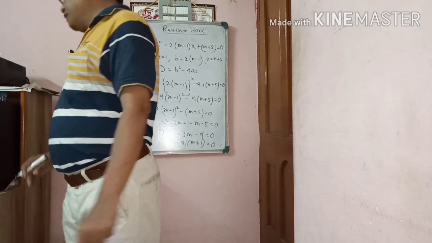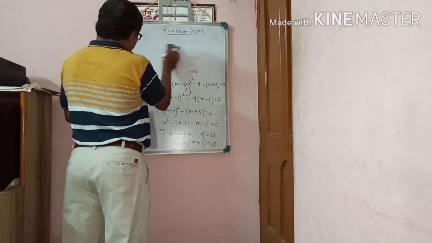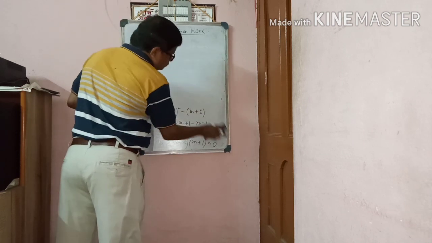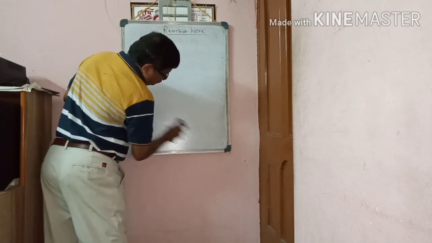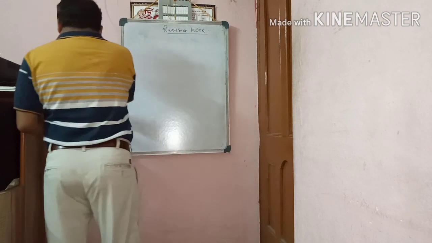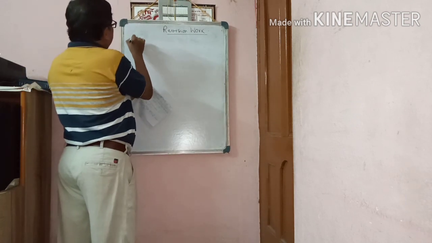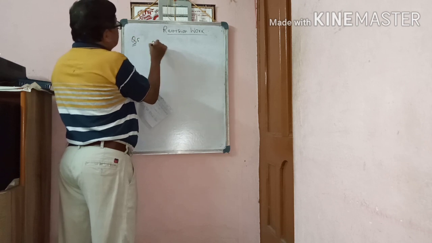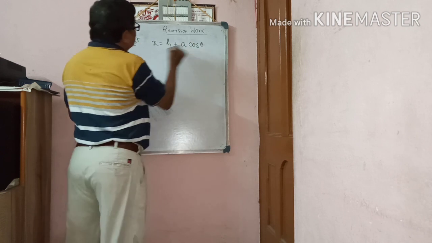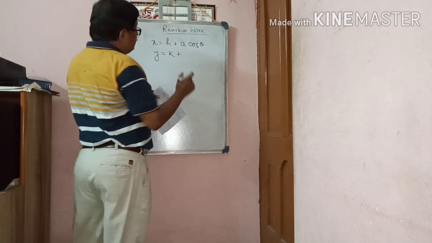Now question number 5. Suppose x equal to h plus a cos theta, y equal to k plus a sin theta.